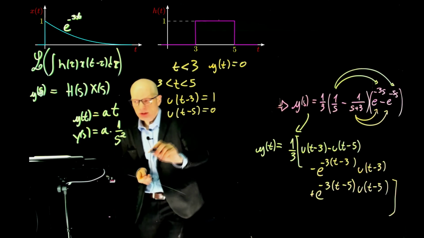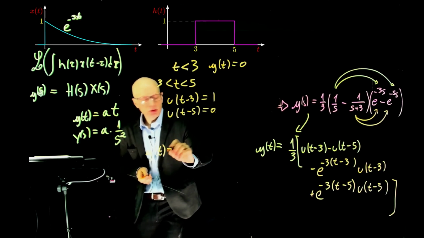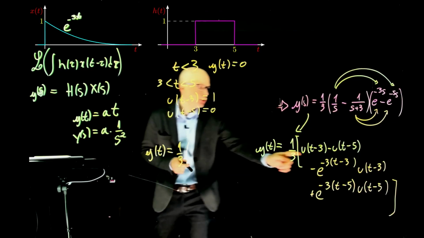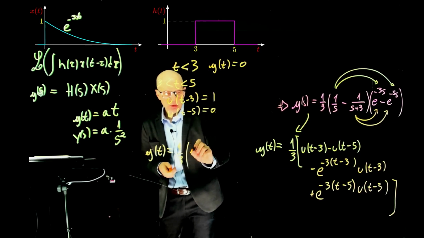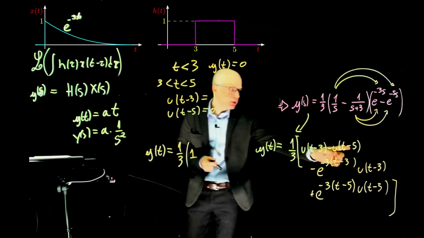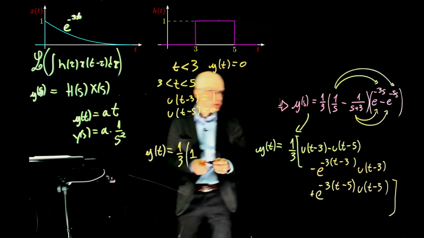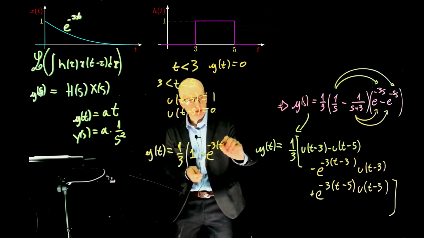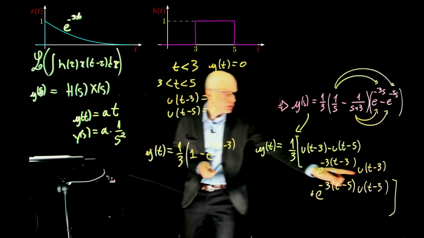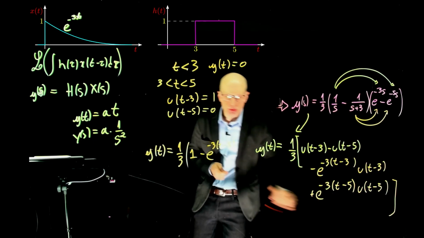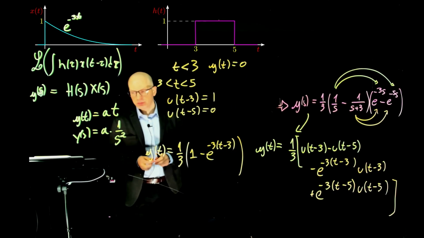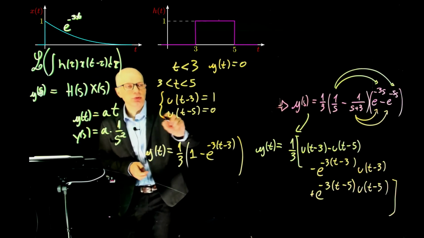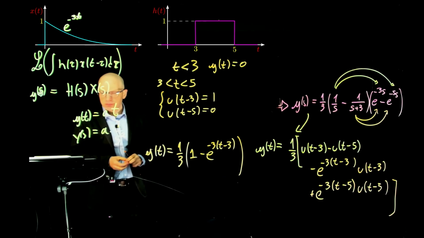So y of t simplifies to 1/3 of 1. This is 0. This one is exponential of negative 3t minus 3. All right, this is 1, and this is 0, because of these two properties here.